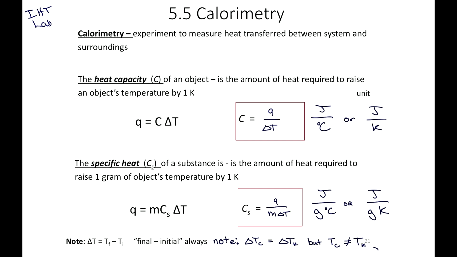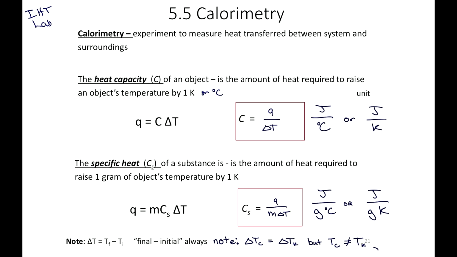So we've got to define some terms here: heat capacity and specific heat. These are different properties, but I know for a fact you will mess up these definitions, but they are in fact different. All right, the first one, heat capacity, is something that we can measure for an object. It's the amount of heat required to raise an object's temperature by 1 Kelvin, or 1 degree Celsius.